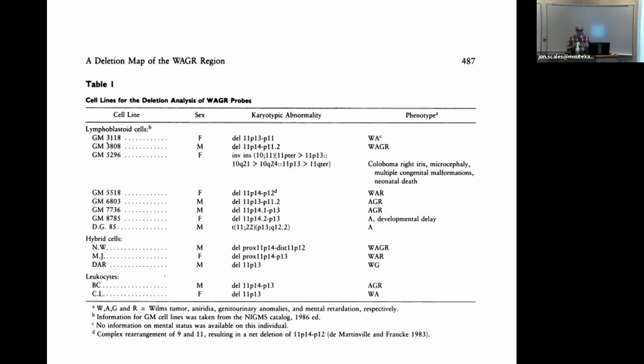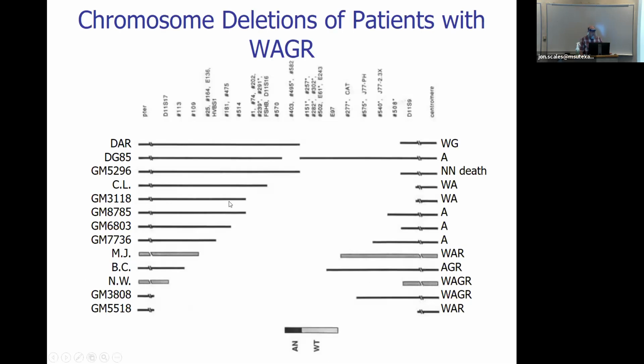So you have different parts of this syndrome, and you want to ask, well, how do these chromosomes line up? Lining up numerous chromosomes like this, you could say, well, this individual, they're always just given a number or something, right? So you have anonymity. This individual is missing this region right here, and they have Wilms tumor and genitourinary problems.